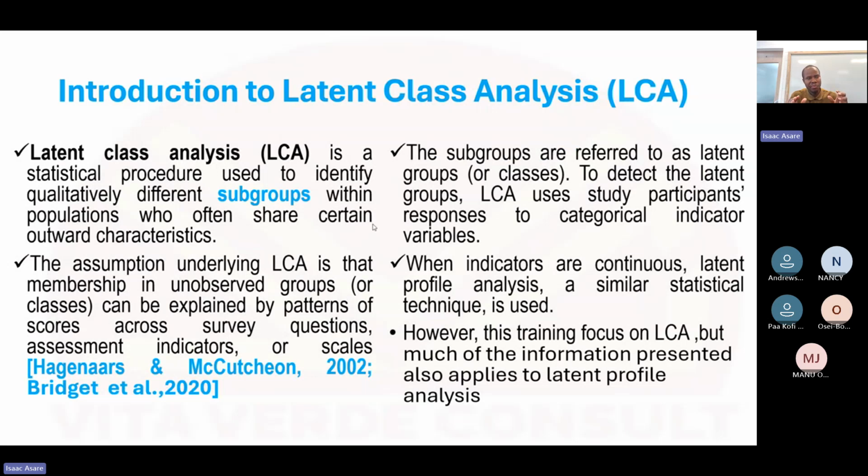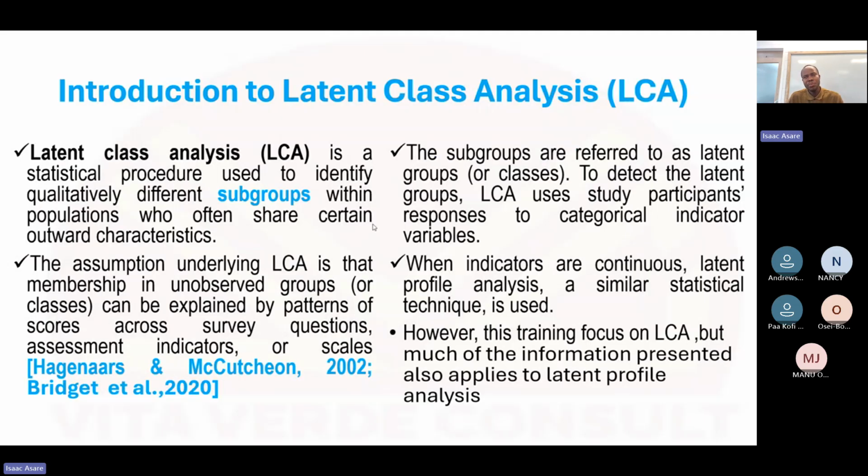If you have, let's say, a kind of data set and you really want to see how such individuals within that kind of study share certain characteristics, the technique will be appropriate for you to use.